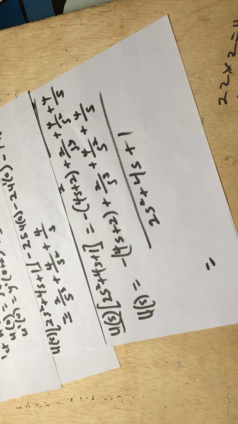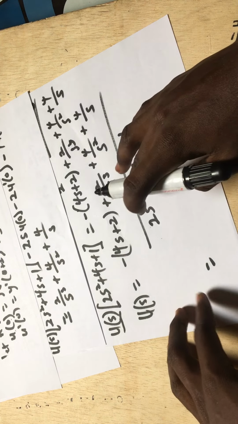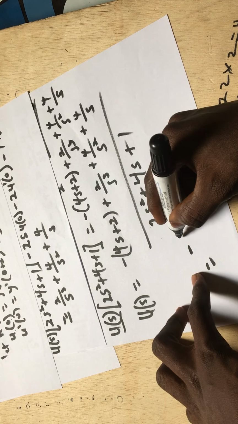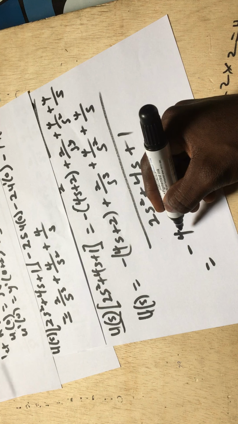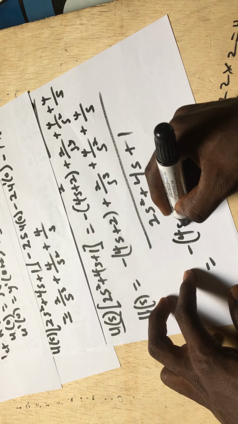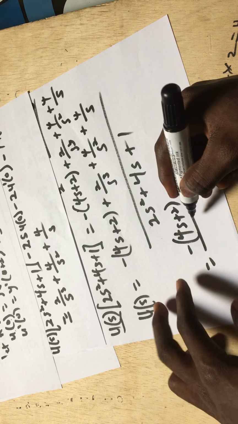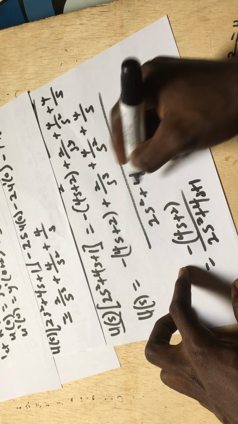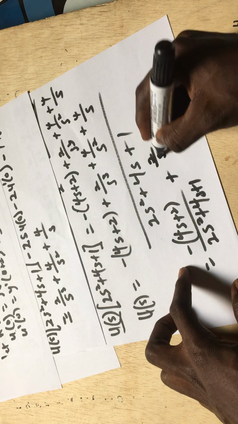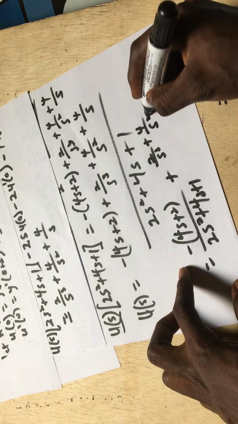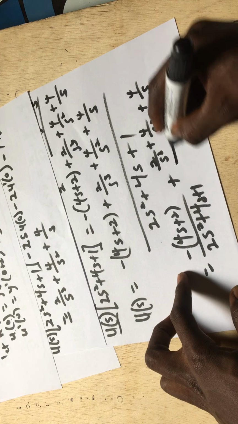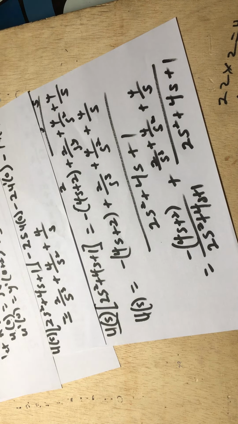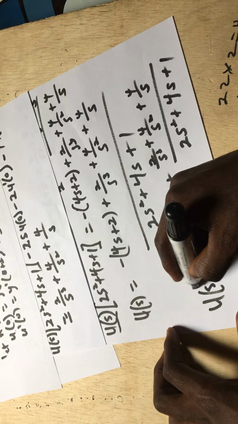So this will now be equal to, so we take the denominator for this and the denominator for this, minus 4 into the bracket s plus 2 all over 2s squared plus 4s plus 1, then plus 2 over s cubed plus 4 over s squared plus 4 over s all over 2s squared plus 4s plus 1. So this will be equal to U(s).